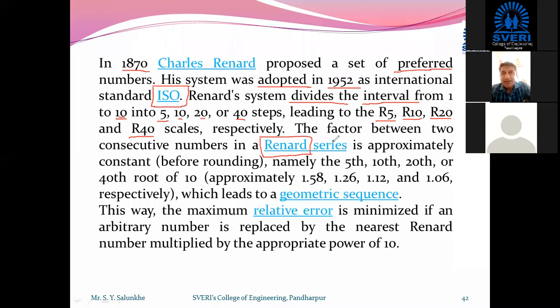The factor between two consecutive numbers in the Renard series is approximately constant. That is, from 5 to 10, then 10 to 20, it is kept approximately constant before rounding up. Meaning, while you get a value such as 27.8 millimeter diameter, the next step you get from the previous step is normally constant, namely the 5th, 10th, 20th or 40th root of 10.